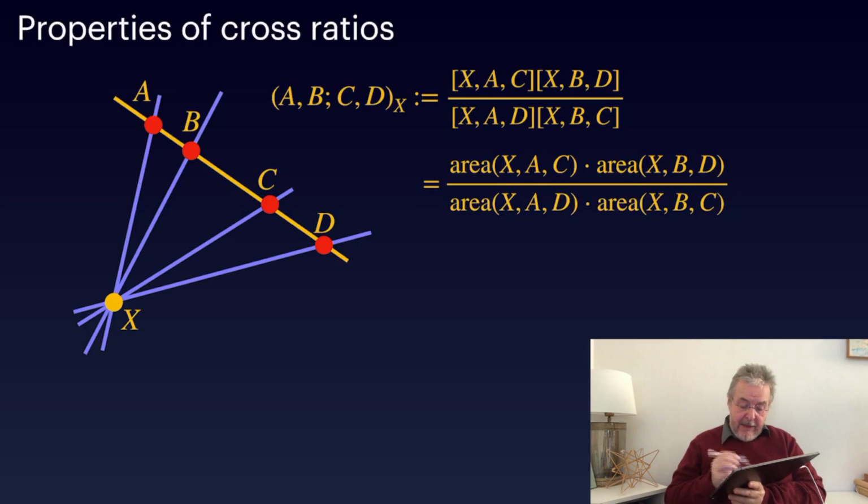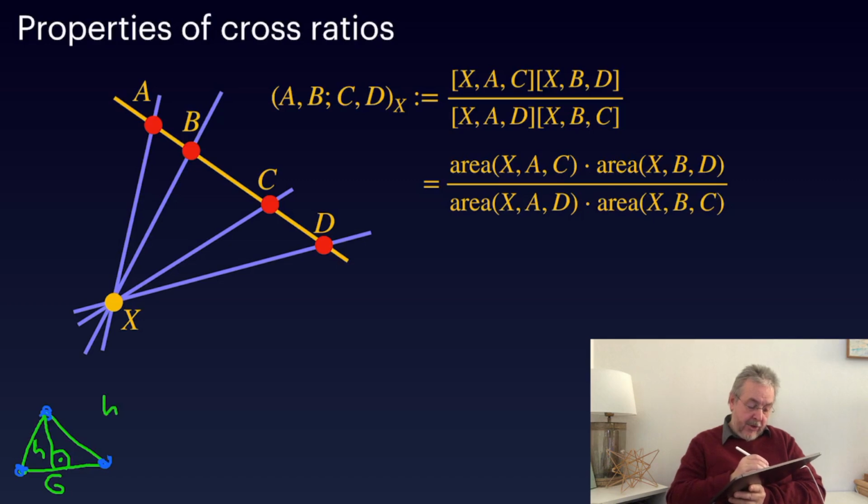Let's for a moment think about the area. I think you remember that if you have a triangle, then the area can be calculated as the altitude times the baseline divided by 2.